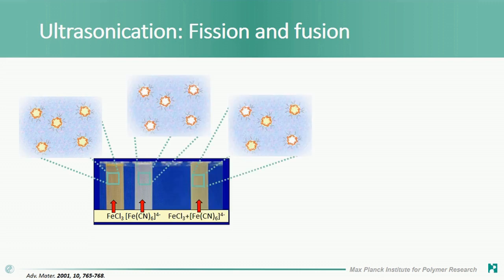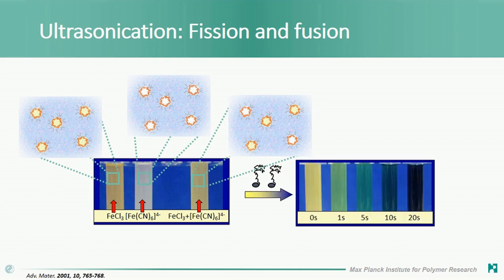And then if you mix those two stable emulsions together, you just have a mixture of different droplets and nothing is happening. But if we apply ultrasound to the system, then we observe a change in coloration, because there's a reaction between the iron chloride and the iron cyanate to make a diiron hexacyanate that is colored blue.